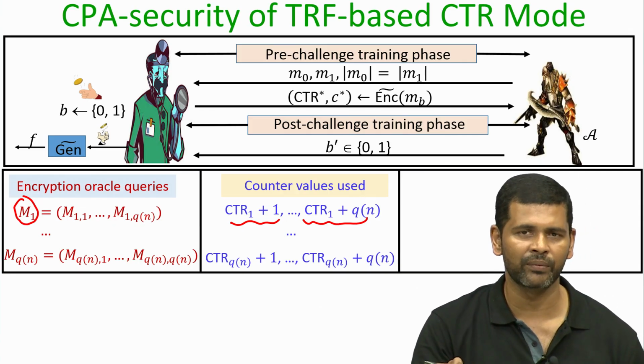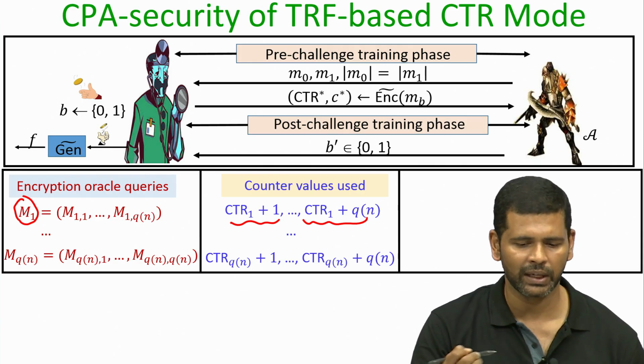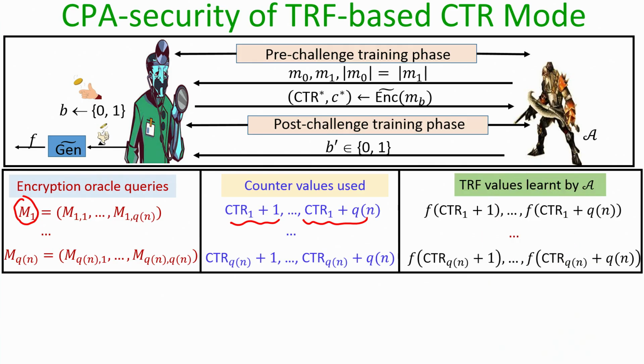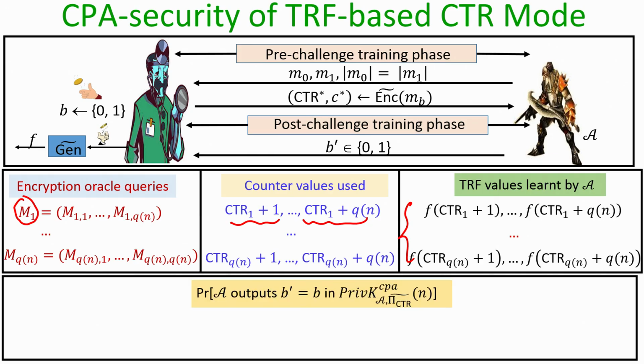As I have shown, based on the encryption of each message the adversary learns the corresponding output of the truly random function on the corresponding counter values. That means the adversary has access to the value of the unknown truly random function little f on all the counter values which have been used by the challenger to respond to the encryption oracle queries.